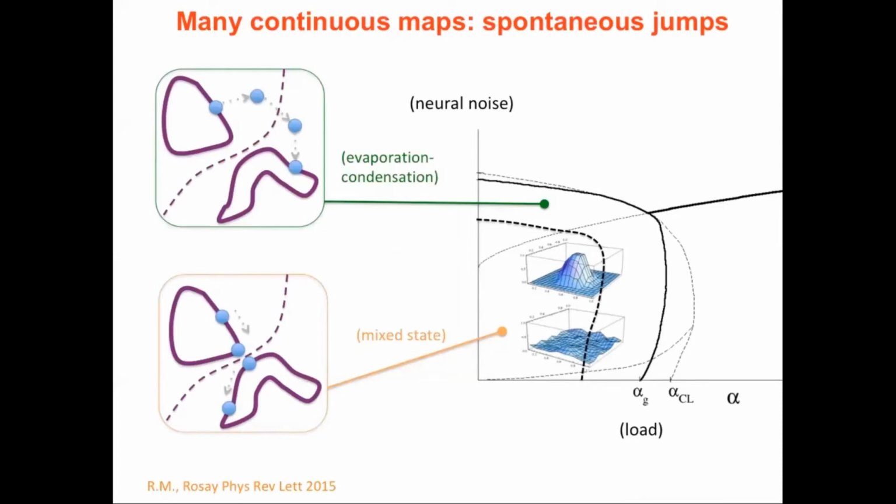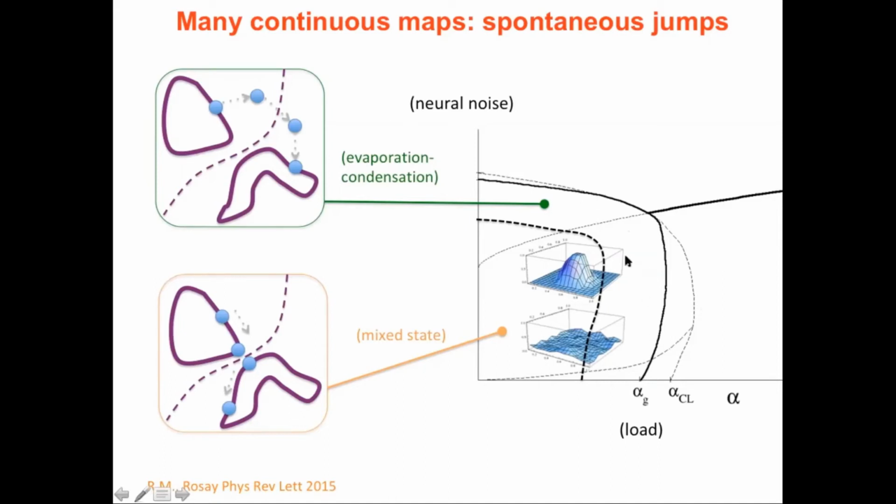The idea is that on the way between the first attractor and the second attractor, the activity does not correspond to any point on any of the 2 attractors. So it's something completely different, like going from one ferromagnetic state to another ferromagnetic state through the paramagnetic phase. And that happens at sufficiently high temperature or sufficiently high neural noise here.